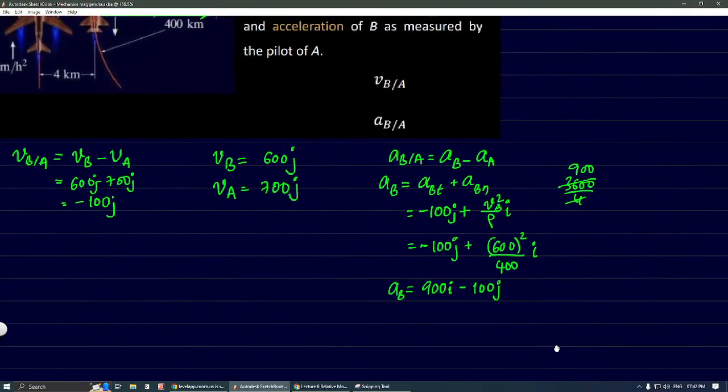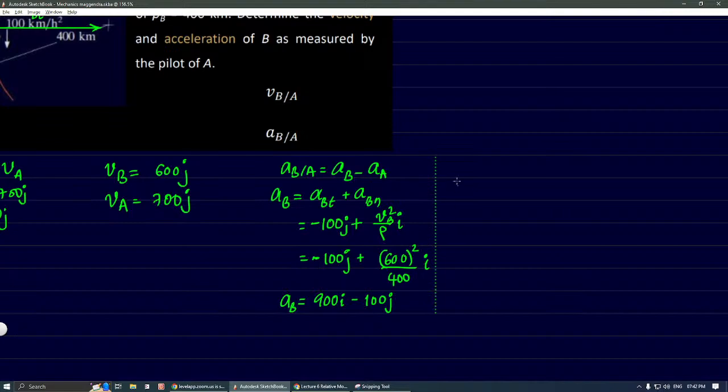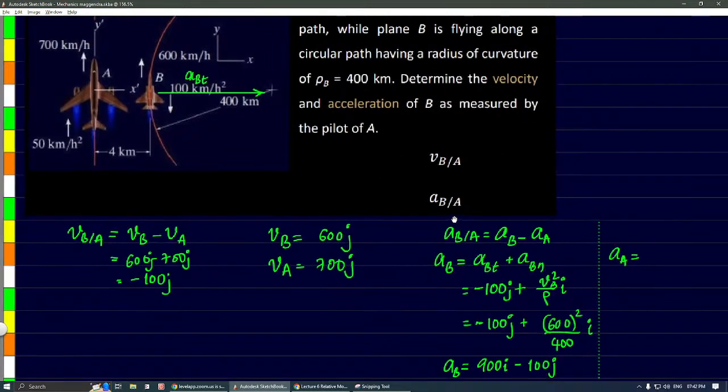Now we need to find acceleration of A. So A is moving in a straight line, right? And he's giving the acceleration. Normal acceleration will be 0 here.